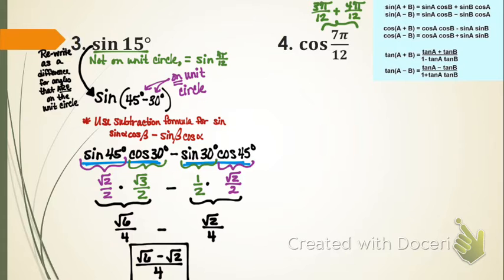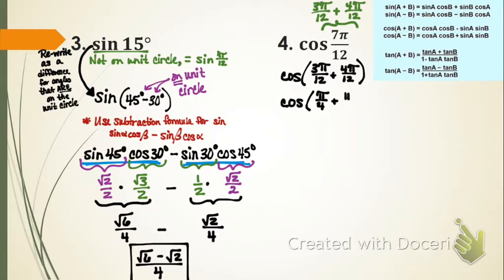So I'm going to rewrite it like that first. Cosine of 3 pi over 12 plus 4 pi over 12. And I can reduce 3 pi over 12: pi over 4. Can I reduce 4 pi over 12?